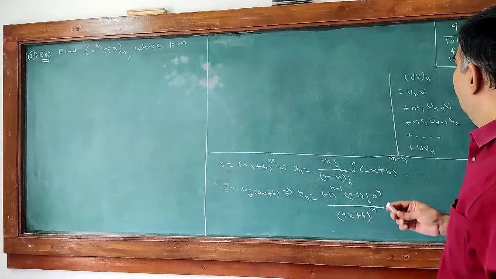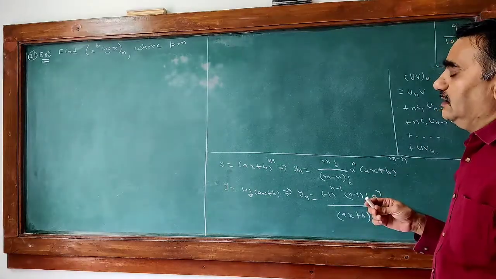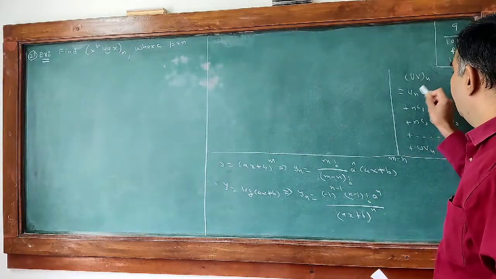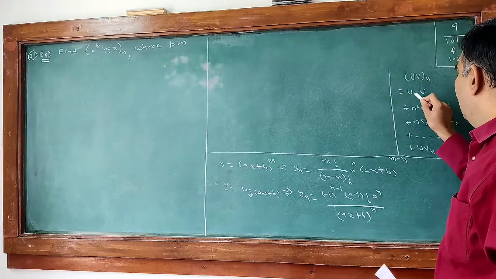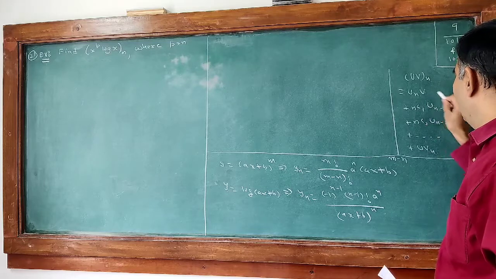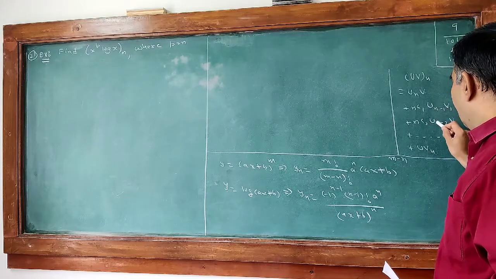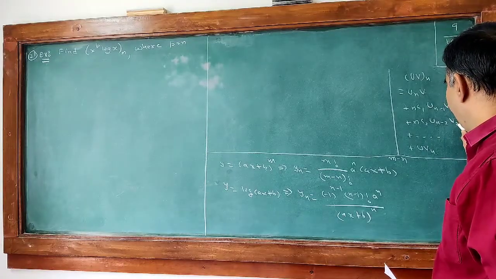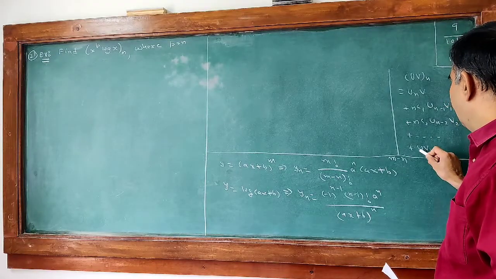Again I remind you of the Leibniz theorem: (uv)n, that is u and v, one less derivation of u and one more derivation of v, another one less differentiation of u and one more differentiation of v, and lastly it is u and v.